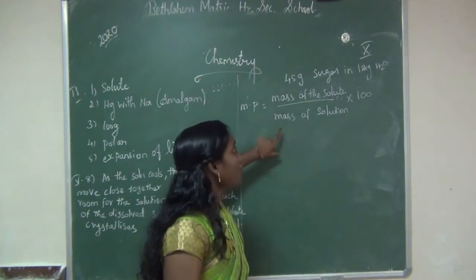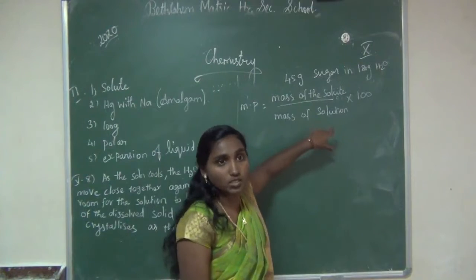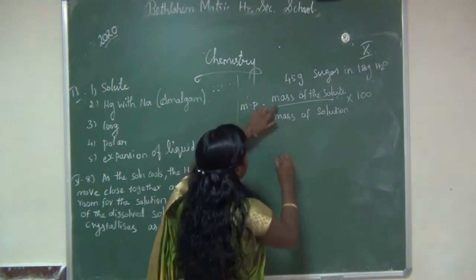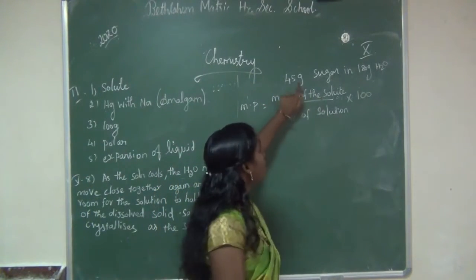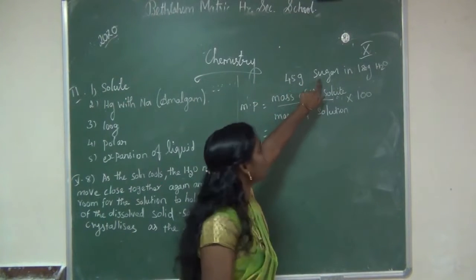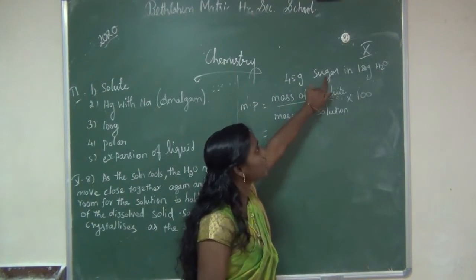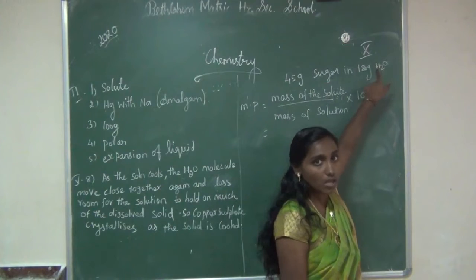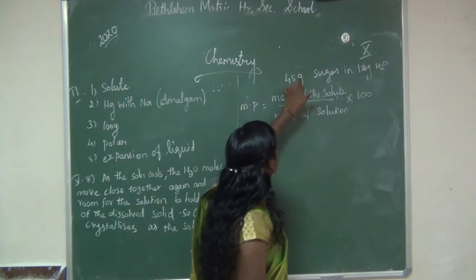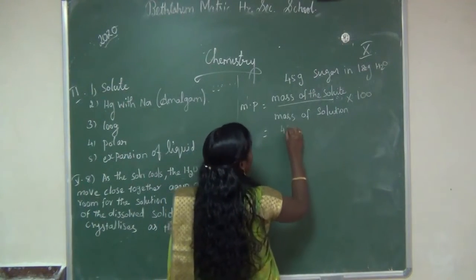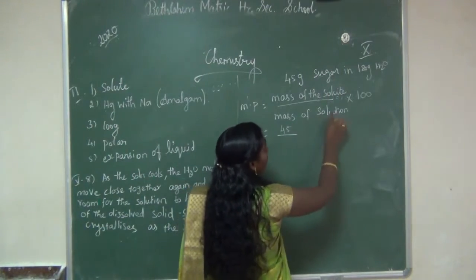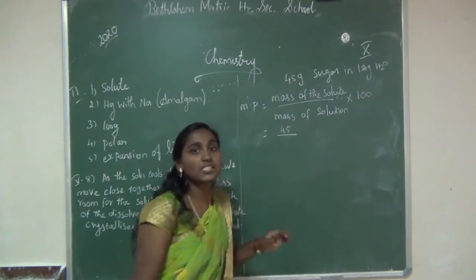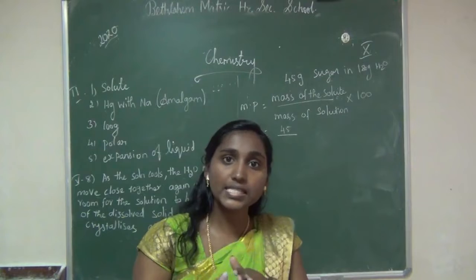The next step, we are going to apply the values. Mass of the solute, how much? 45 gram. Here in this question, sugar is the solute and water is the solvent. So sugar is 45, divided by the mass of the solution. Solution means it contains solute plus solvent.